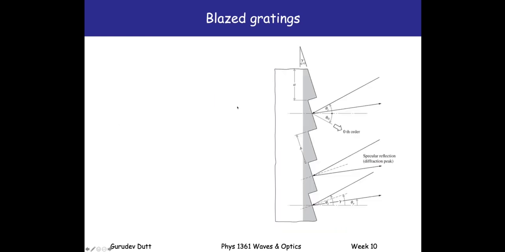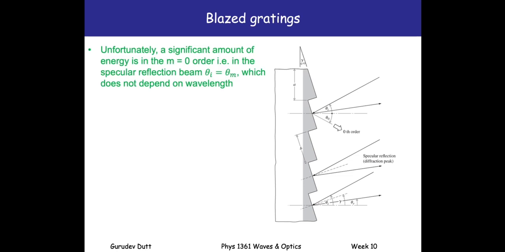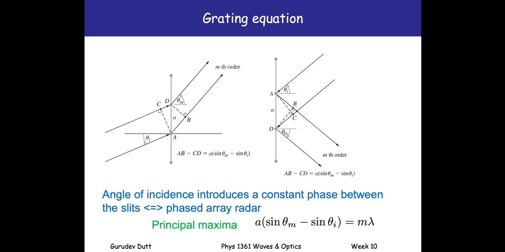One of the problems that we were just discussing is that a lot of the intensity is in the reflected beam at the m equal to 0 order. As we just saw, if m equals 0, then in the earlier grating equation, which is on this slide, sine theta m equals sine theta I, or theta m equals theta I, which is the reflected beam from a reflection phase grating.